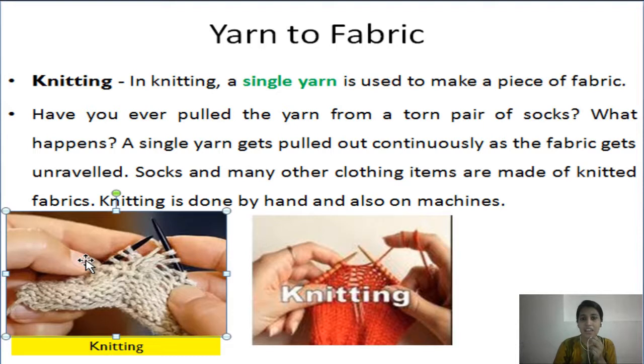A single yarn gets pulled out continuously as the fabric gets unraveled. Socks and many other clothing items are made up of knitted fabrics. Knitting is done by hand as shown in the first two figures, and it may also be done on machines.